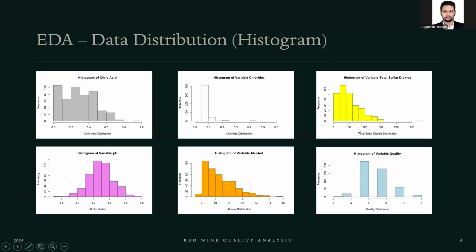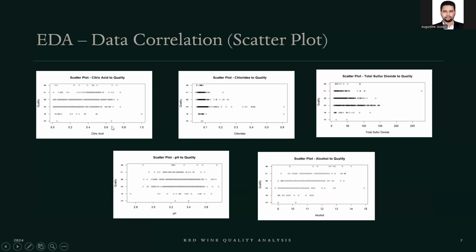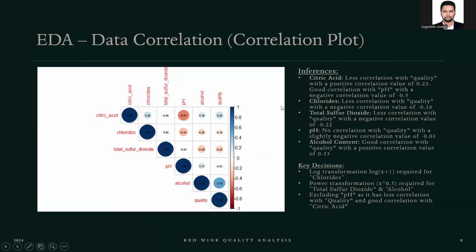As you can see in this histogram plot, the citric acid and wine quality have a somewhat symmetric distribution, while the others are not that symmetric. When you look at the correlation between the other variables and quality, we can see a very slight correlation for some variables. Let's have a deeper understanding with a correlation plot.